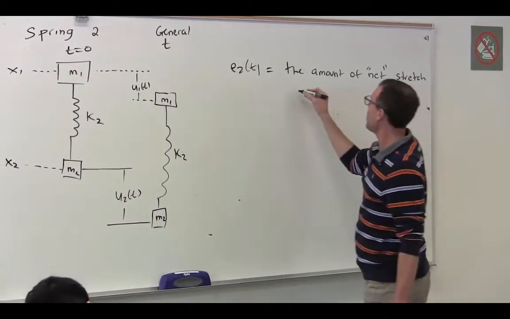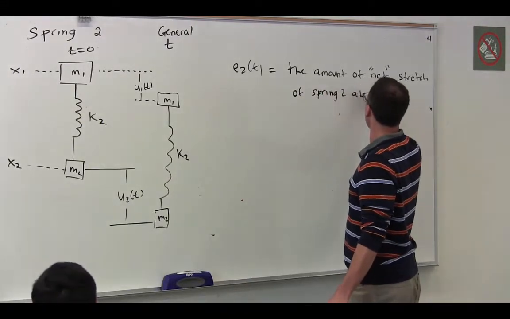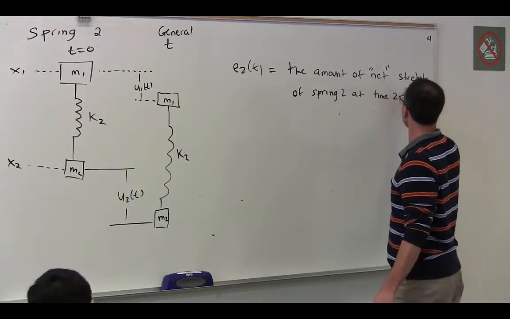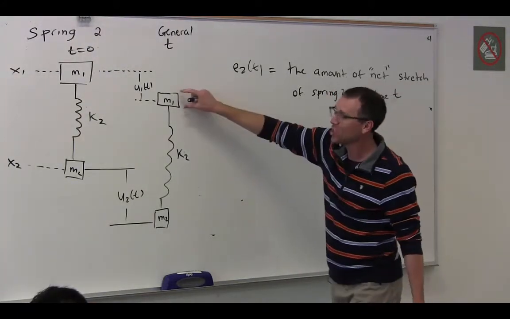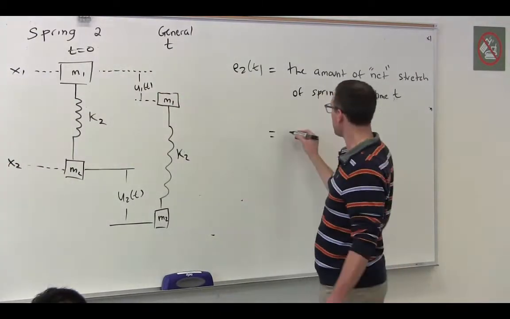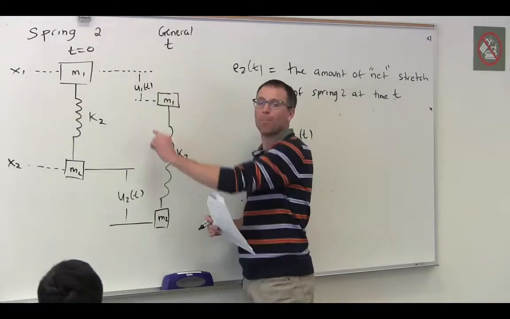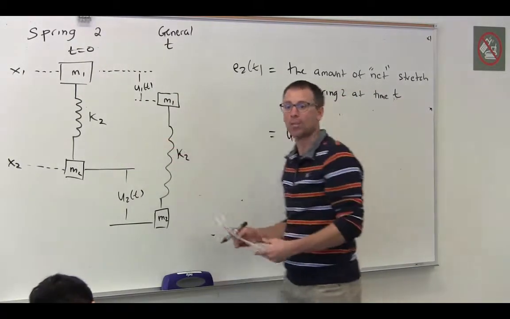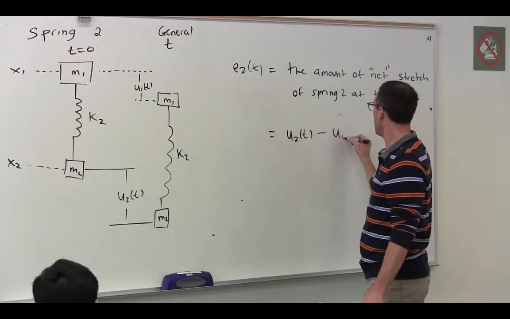The amount of net stretch of spring 2 at time t. If mass 1 did not move at all, then this would be U2, except what happened to the top end of that thing? It dropped. So away from U2, you would take U1.